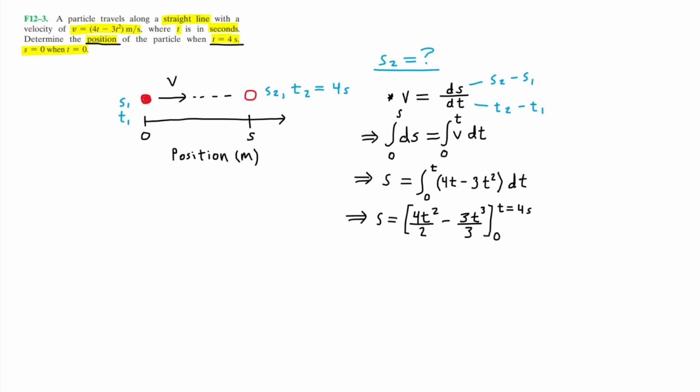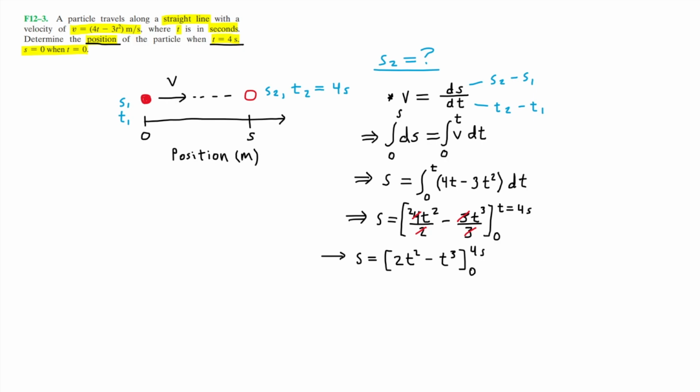So therefore, after evaluating this, we'll have s. Well, first of all, let me simplify this fraction here. So 2 cancels out, 4 goes to 2. And on the right, the 3's cancel out. So essentially, we are left with s equals brackets 2t squared minus t cubed from 0 to 4 seconds.